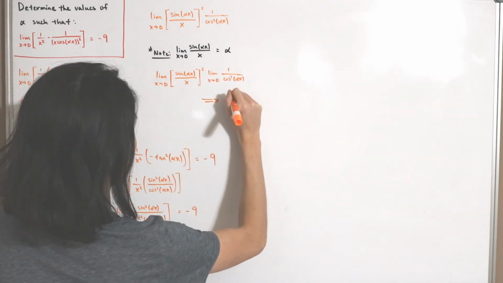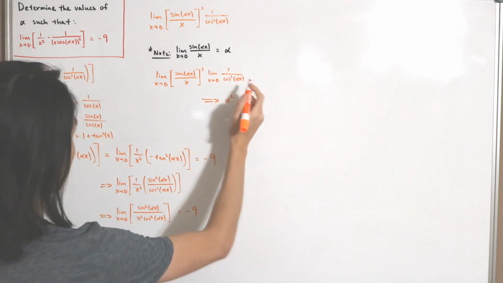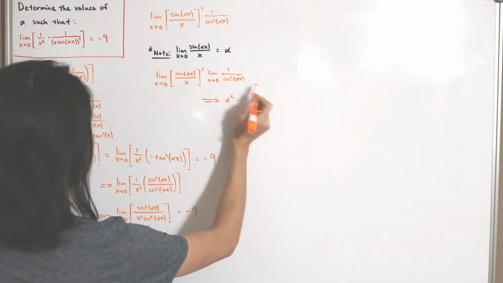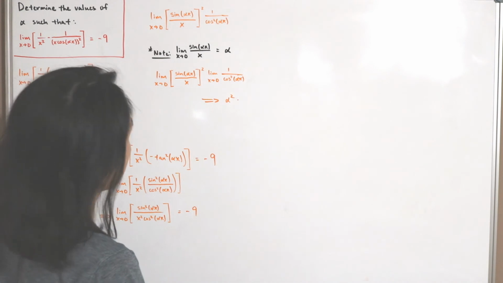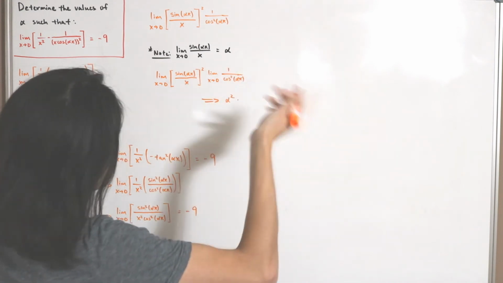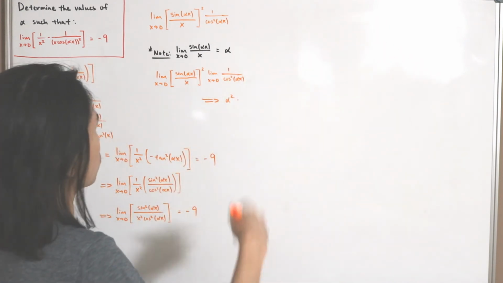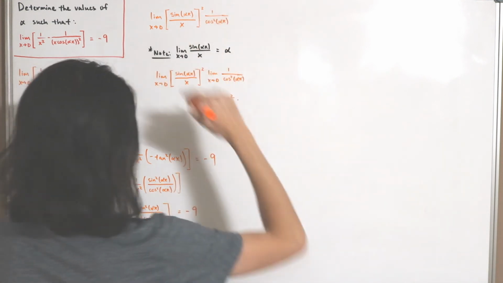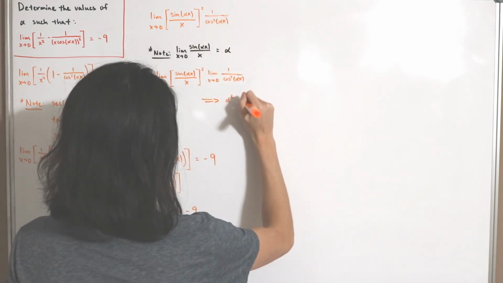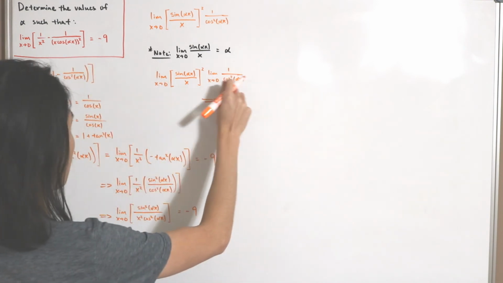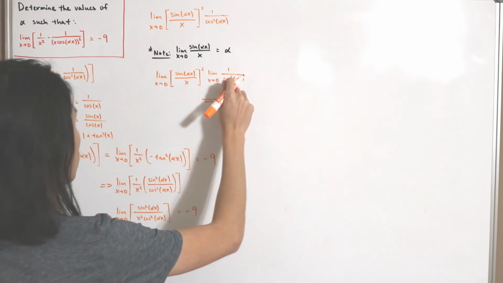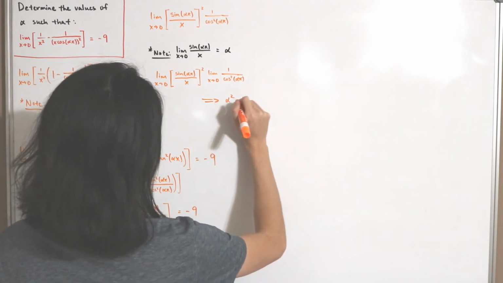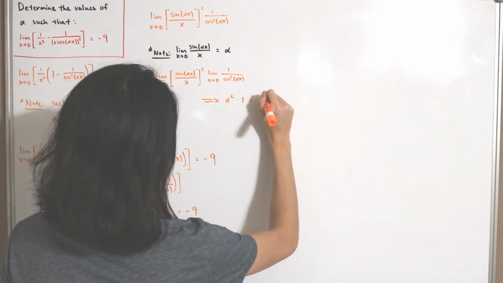So this is alpha squared multiplied by, now when we take the limit as x approaches 0 of this, note that cosine of 0 is always going to equal 1. So no matter what your choice of alpha is, this is just going to equal 1 itself. This limit evaluates to 1. Therefore alpha squared times 1 is equal to 9.